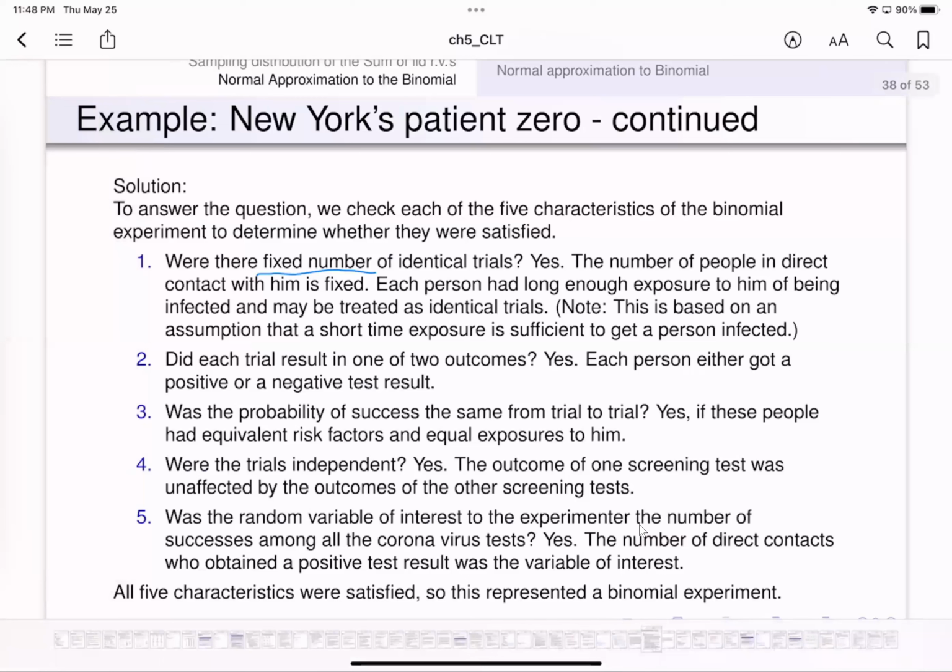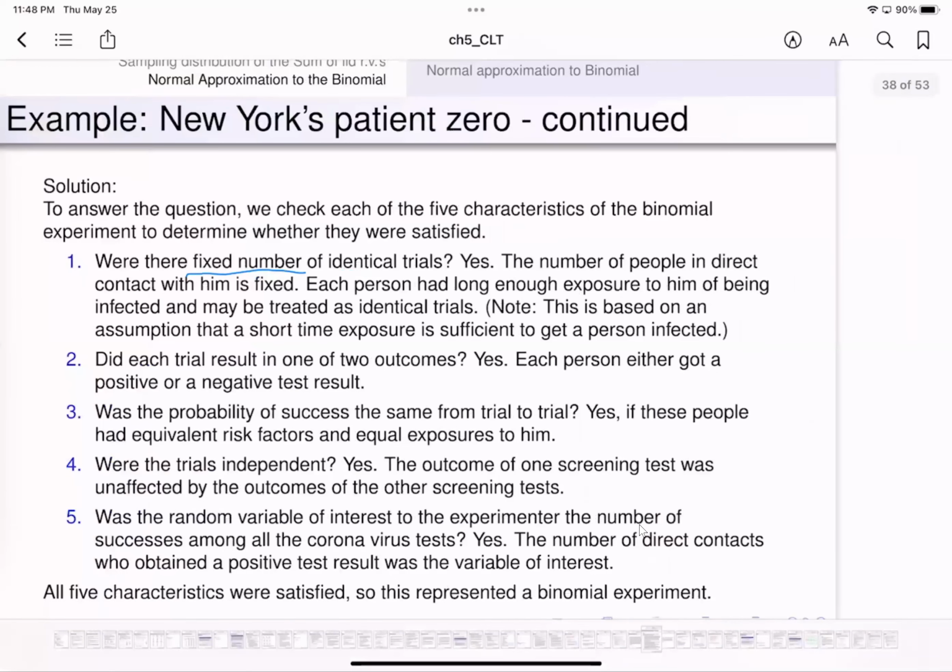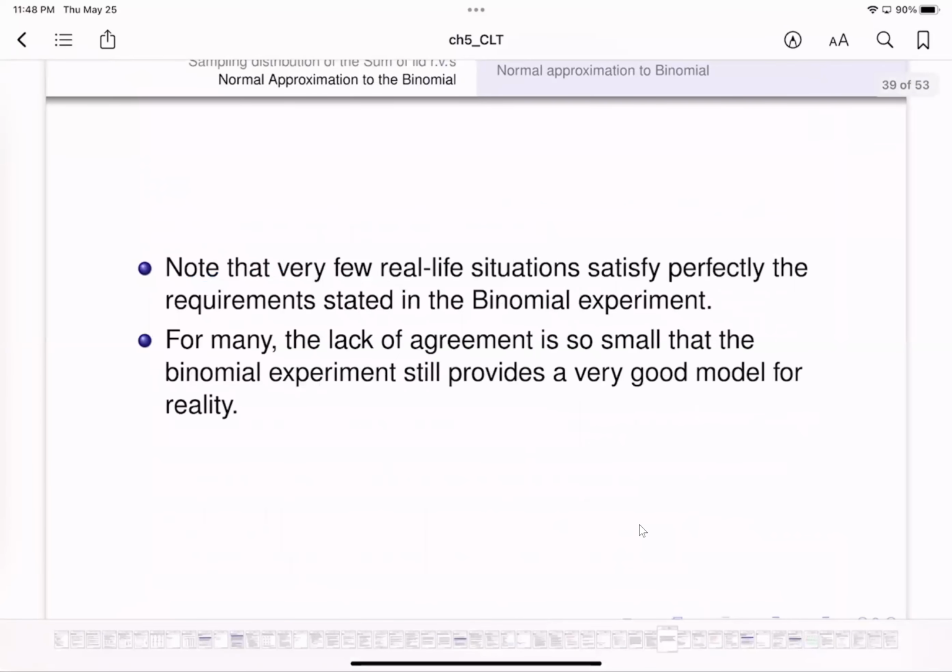So this is just an approximate situation. In real life, there are many cases where a binomial experiment is an approximation. It's not exactly following that, but the binomial experiment would provide a pretty good approximation or good fit.